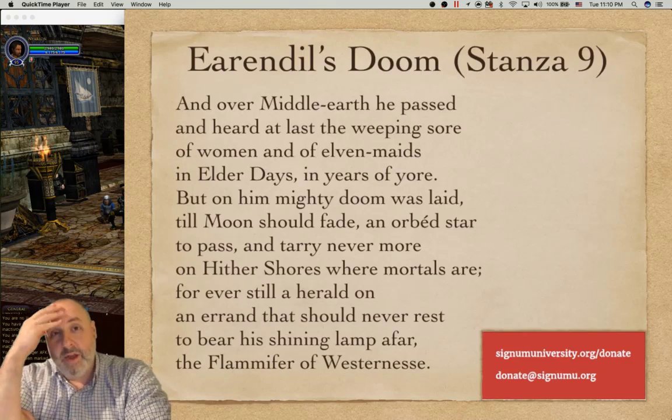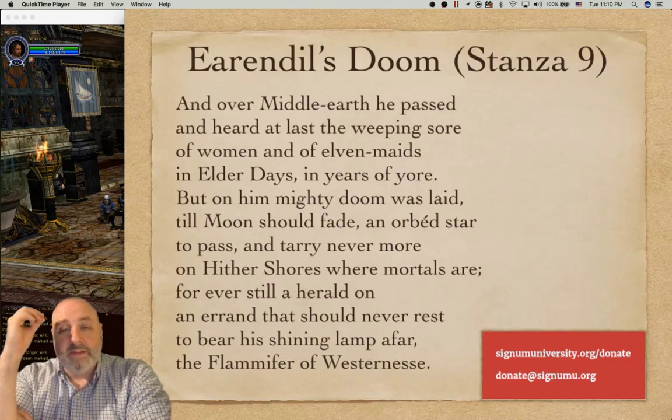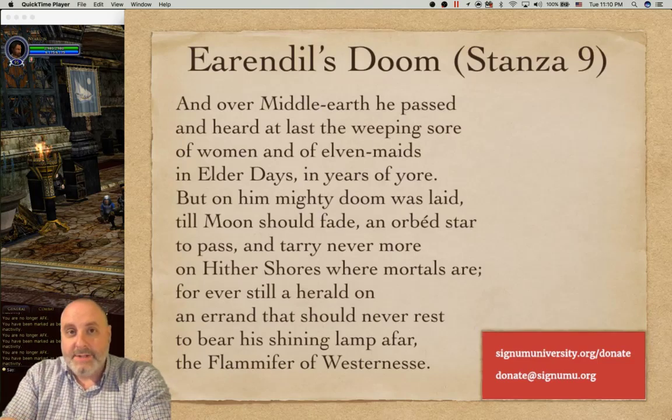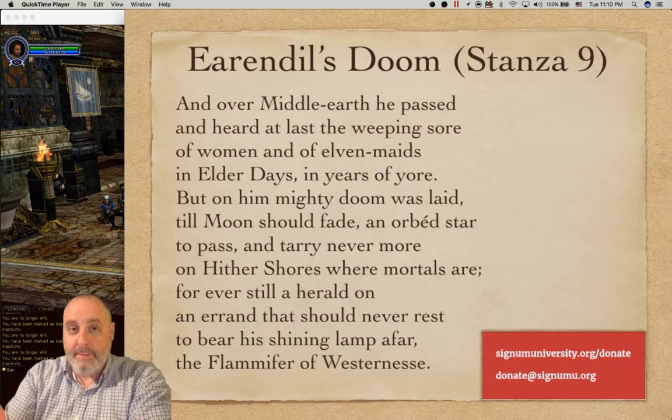Okay, here's the essential part of my doubt. The essential part of my doubt here lies in, what is the flammifer of Westerness? Is Earendil the flammifer of Westerness? Probably.